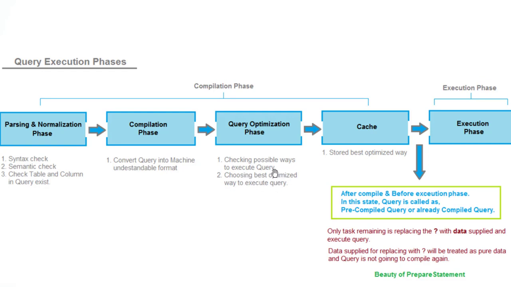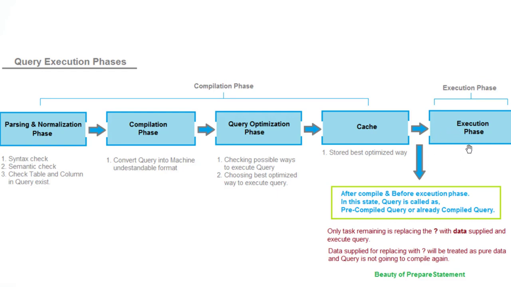And once it is ready, okay fine, I have done all the setup for my party. I have made the decoration, I have kept the fan ready, the AC ready, I have made the chairs ready, all the seats are ready to welcome them, I have kept the tables, all those are ready. It means that this is the compilation phase. Once that particular query is ready, it is stored in the best optimized way. This is the whole compilation part. It is called a pre-compiled query or already compiled query.